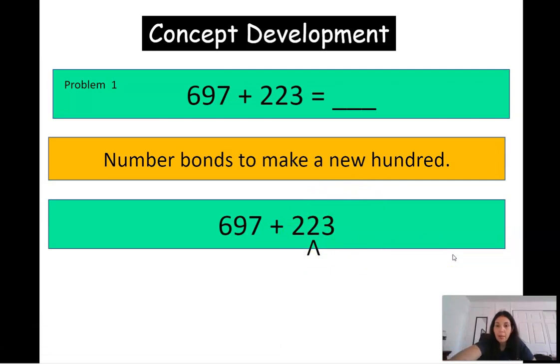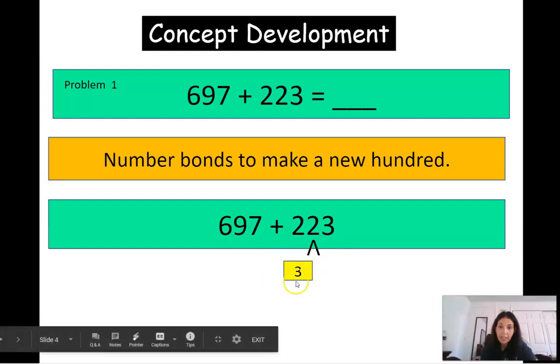How would we break it up so that we would be able to give some of it over here? How many more do we need from 697 to get up to 700? 7 plus what equals 10? 3, right? So 697 and 3 would give us 700.